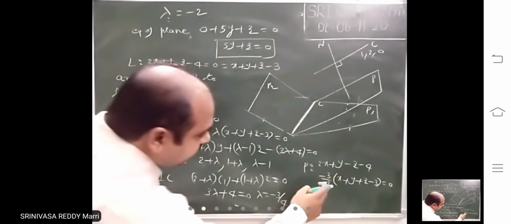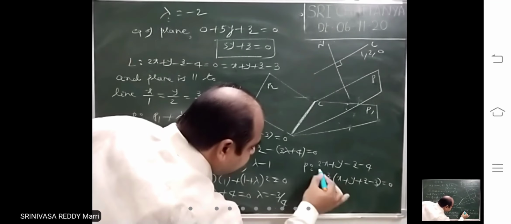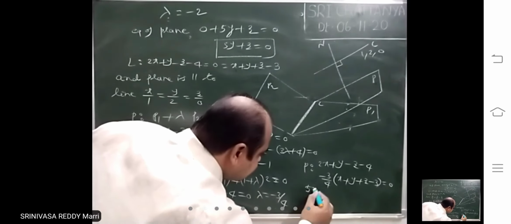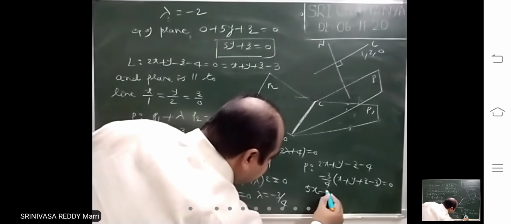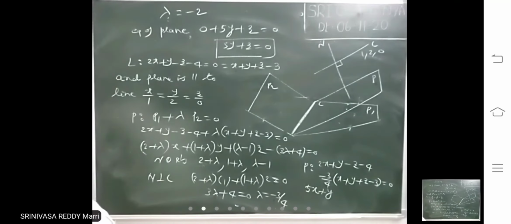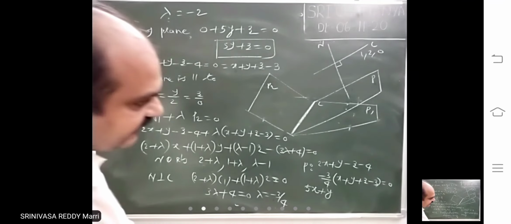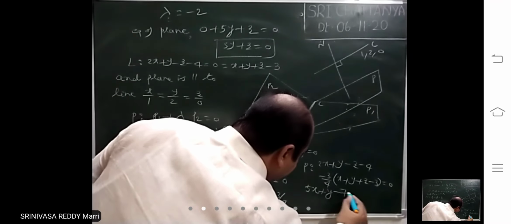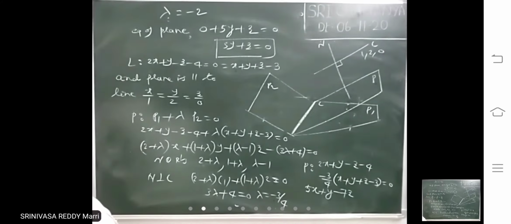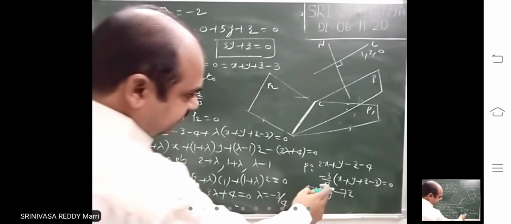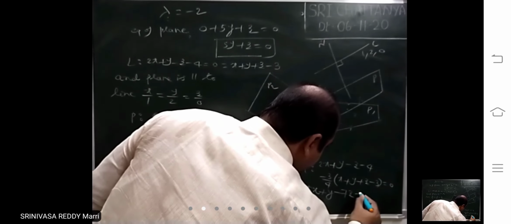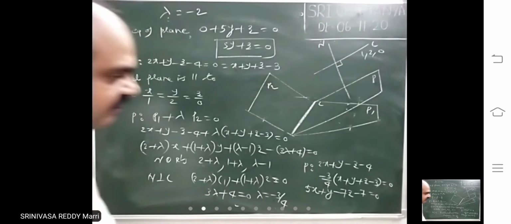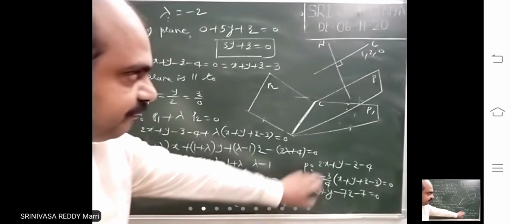If you take the LCM, 8x minus 4x, 4y minus 4y, and so on. That is the required equation of the plane.